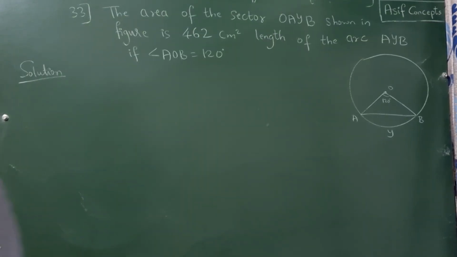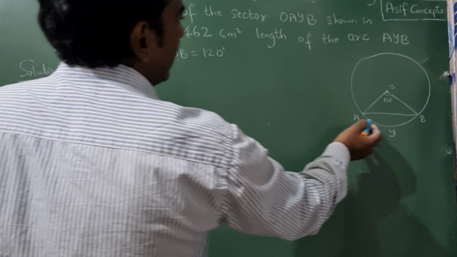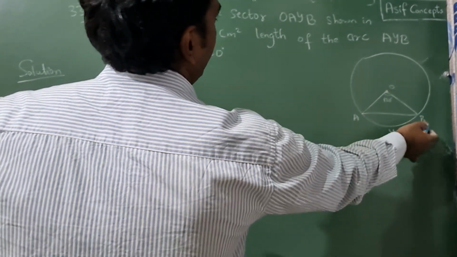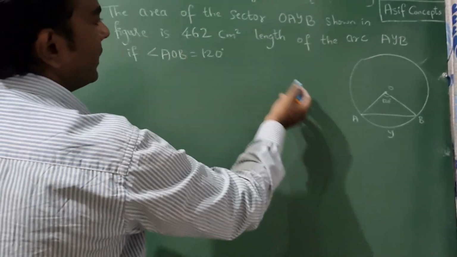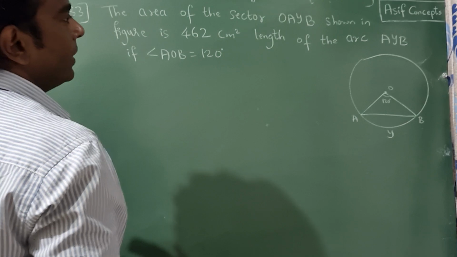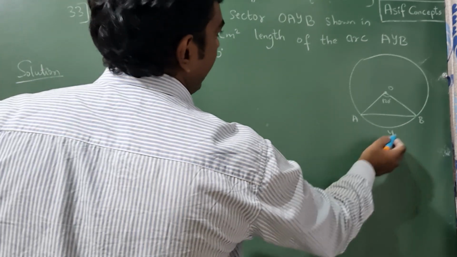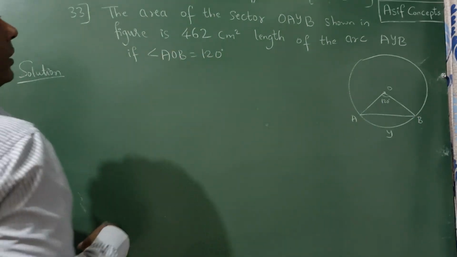Now question number 33. The area of the sector OAYB shown in the figure is 462 centimeter square. Find the length of the arc AYB.